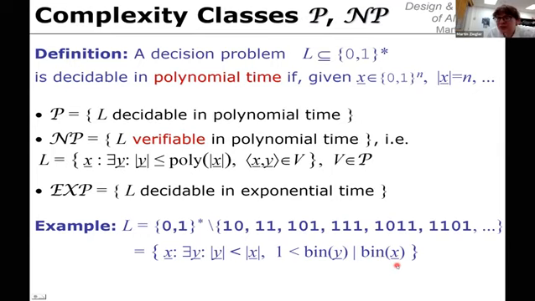So this is a decision problem given codes of x and y. Check whether the binary encoding of y is strictly greater than 1 and check whether it divides x. And these are both tests that can easily be performed.